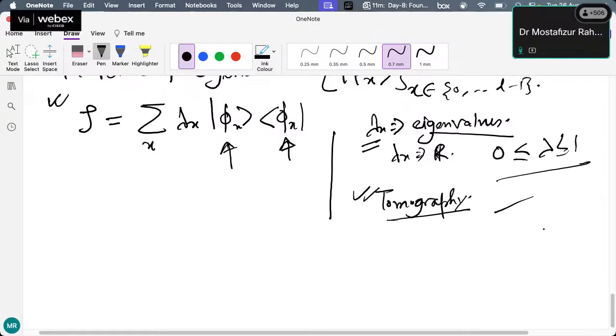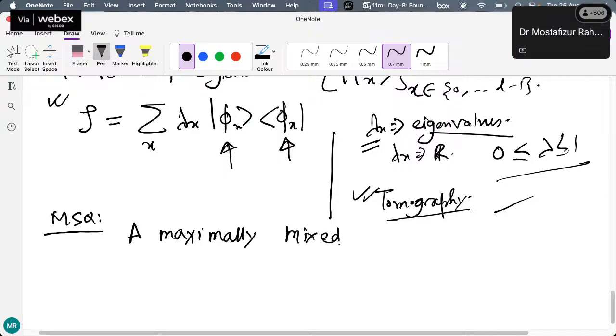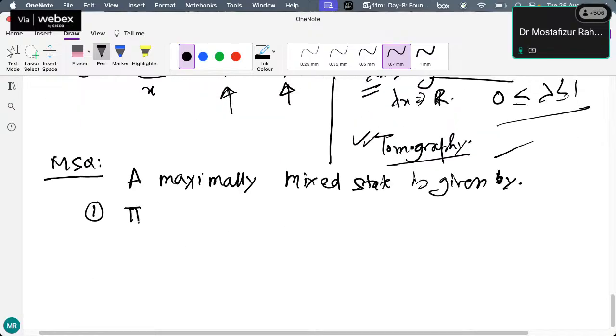Now let me give you one MCQ, or rather MSQ, multiple correct answer question. It's a very easy question just to motivate you. A maximally mixed state is given by, four options are here.